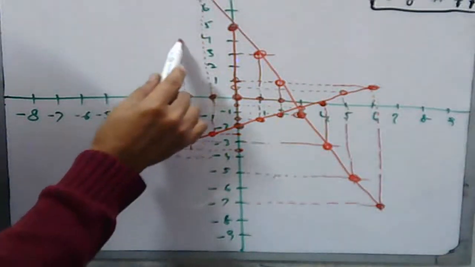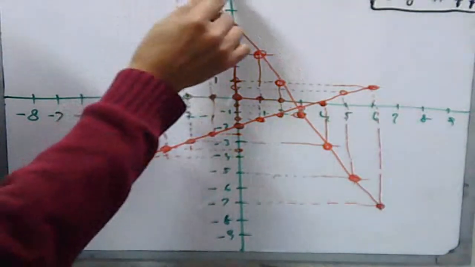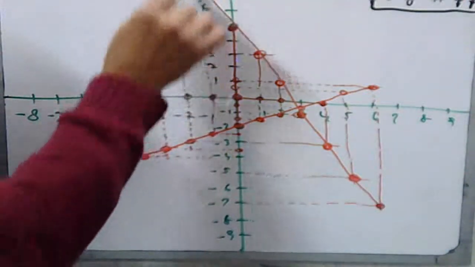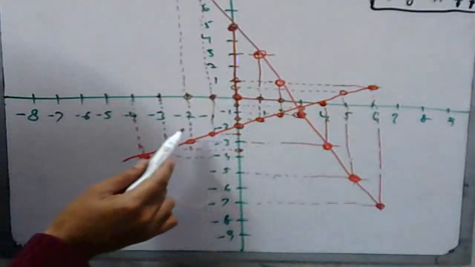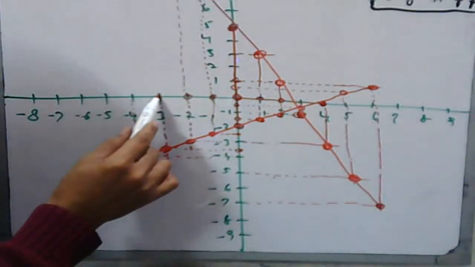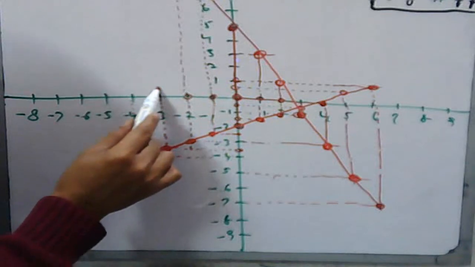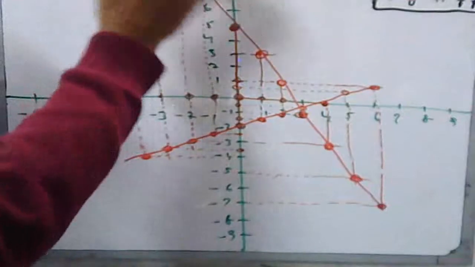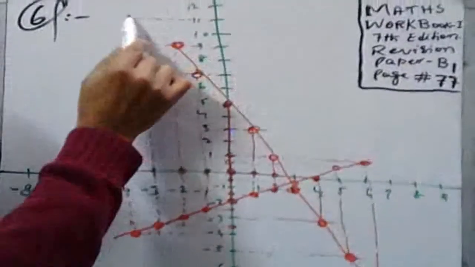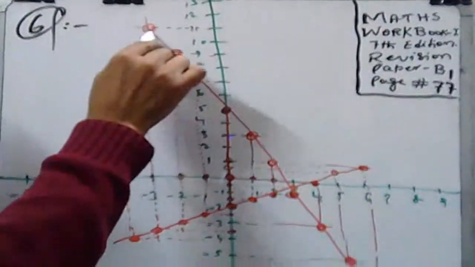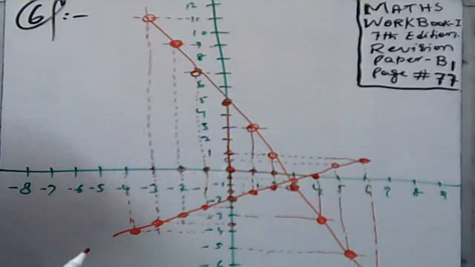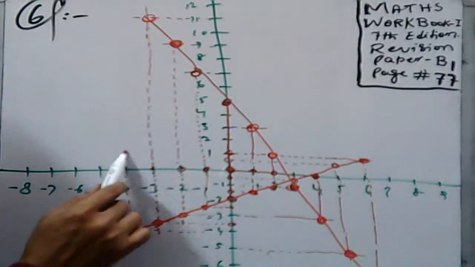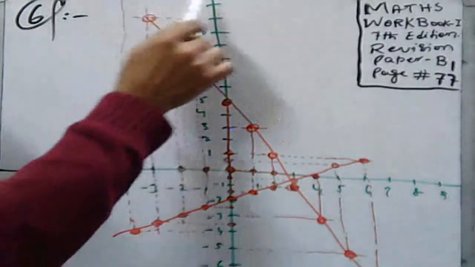For -3, you will get 11. And when you use -4, you will get 13.